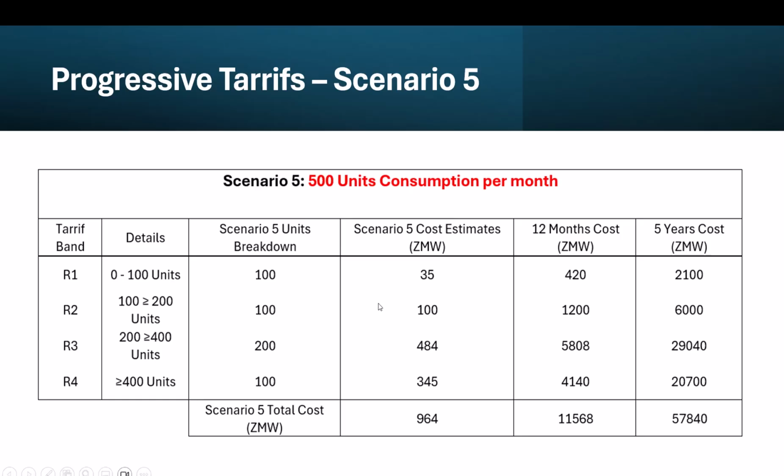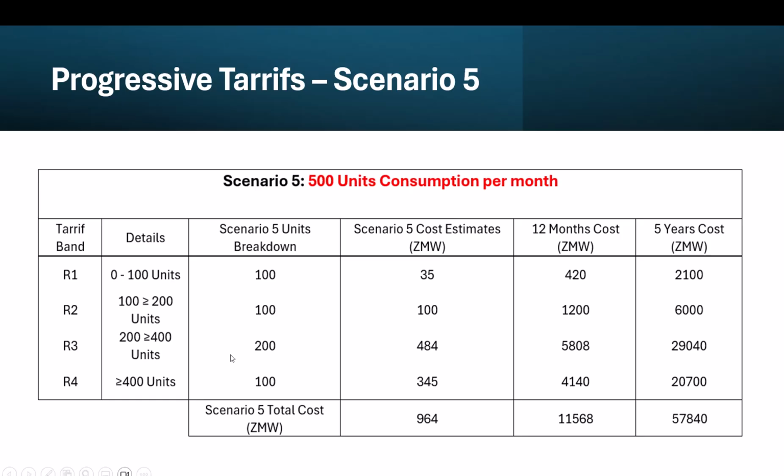The approximation in this case, per month, gives you 964 Zambian kwacha per month. If we do a projection of 12 months, it gives 11,568. When we do a forecast for 5 years, it gives approximately 57,840.